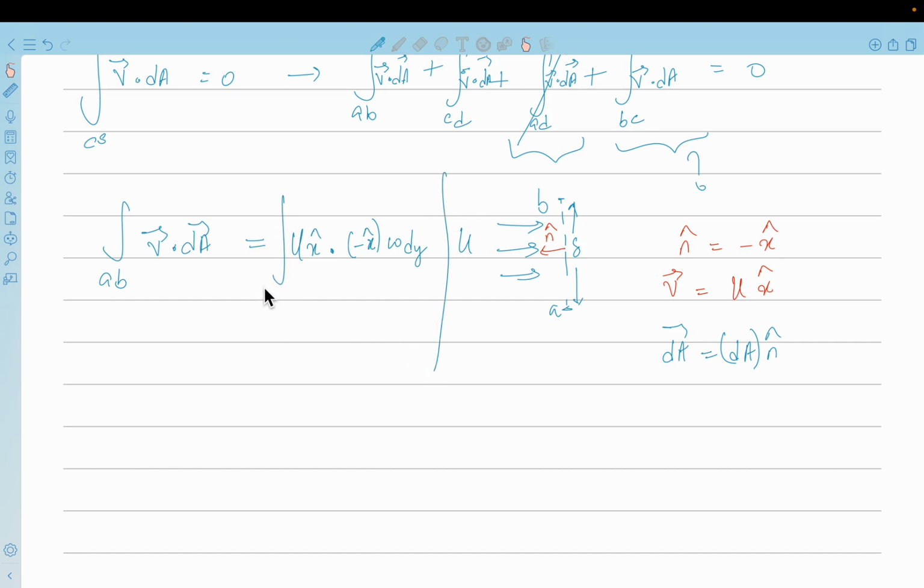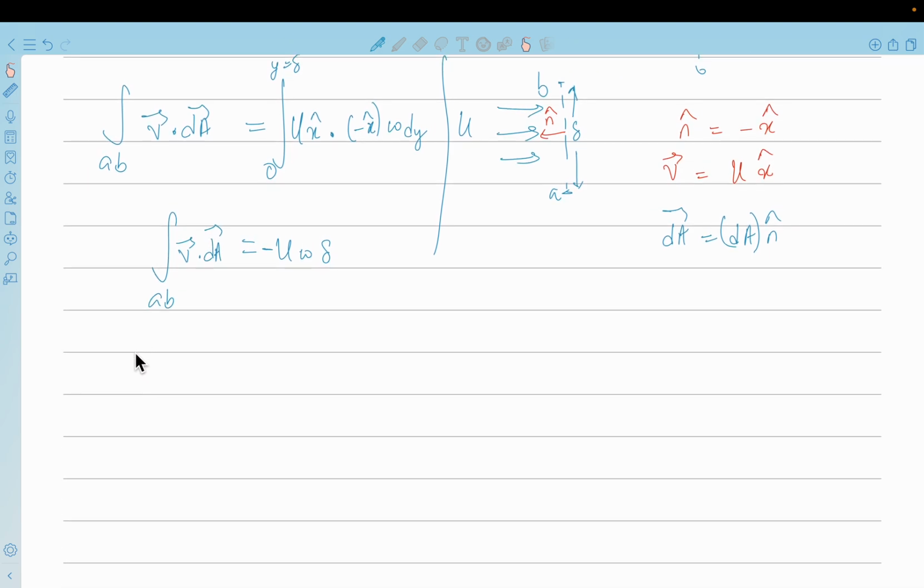And if I integrate this, it has to go from y equal to 0 to y equal to delta. Now everything is constant, so I can evaluate this integral easily. U, there is a minus sign, w, and integral of y from 0 to delta is just delta. Okay, so this is the integral over the control surface AB.